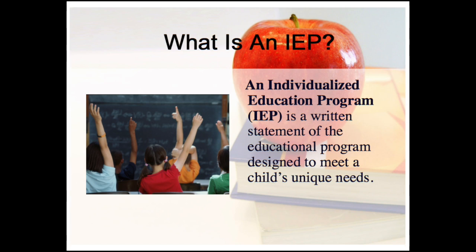So let's jump right in on what is an IEP. Well, an IEP is an abbreviation for an individualized education program. This is a very unique plan that's created specifically for your child to meet their academic and functional needs. Remember that everyone who qualifies and who is eligible for special education services is required under IDEA to have an IEP.